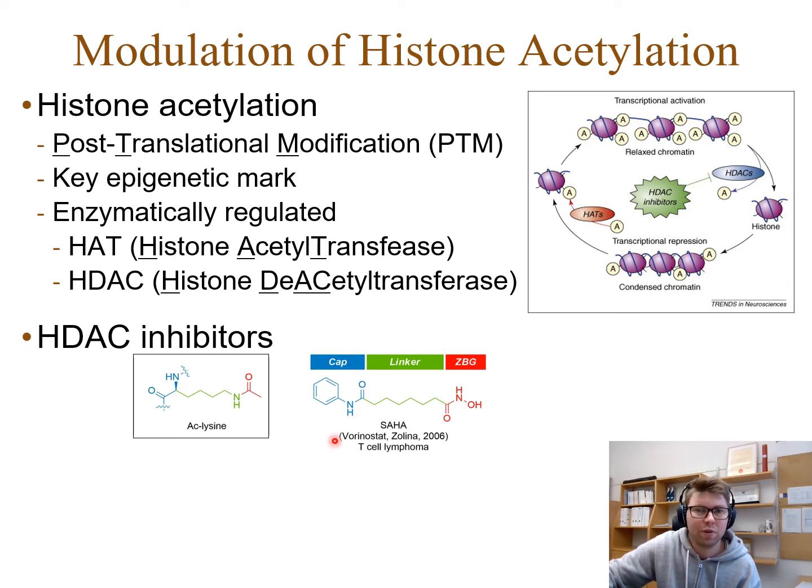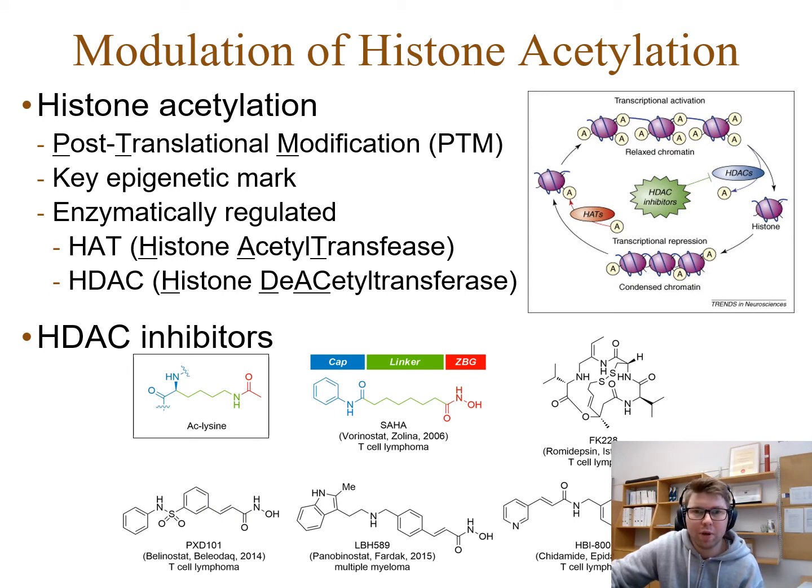And you see structurally it has a cap, a linker, and a functional domain. And this inhibitor structurally resembles the acetyl lysine and fits into the active site pocket of some of these HDAC proteins.